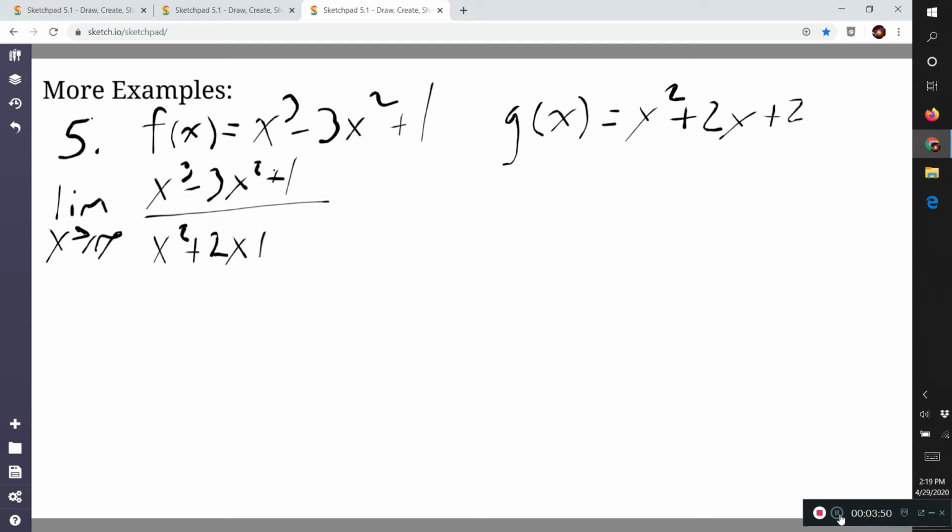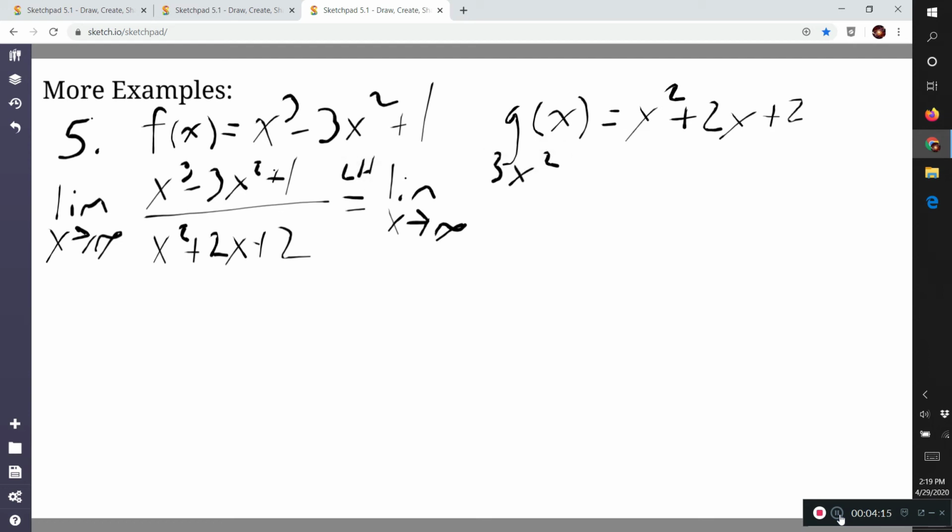Now, we could do this limit two ways. Number one, we could use rules garnered from earlier in chapter 2, or we could apply L'Hopital's rule. If you remember, back in chapter 2, we learned a rule that allowed you to determine the limit of a rational function based on the degree of the top and the bottom.